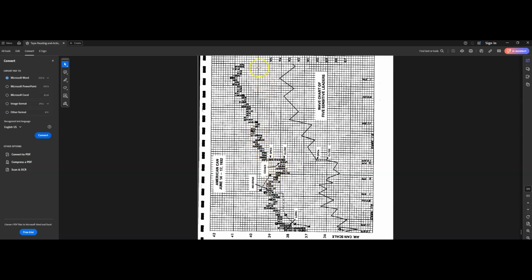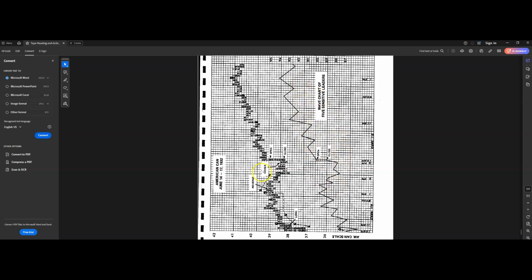All the numbers? So what I was showing you is the top chart. I can't flip it, so just turn your head. So this is the tape reading chart. It's what he used, and underneath it, it's the wave chart. See the wave chart?